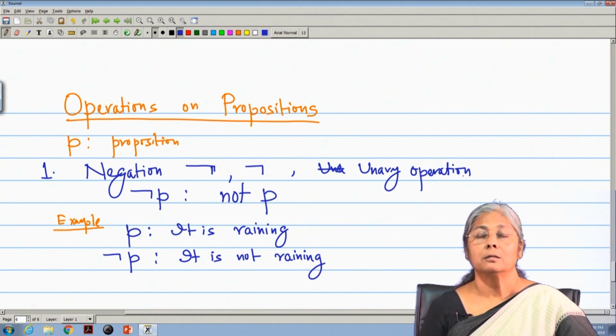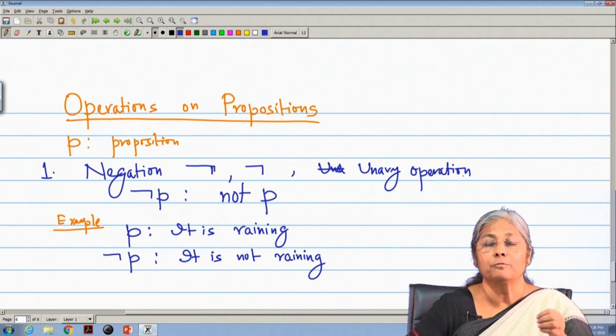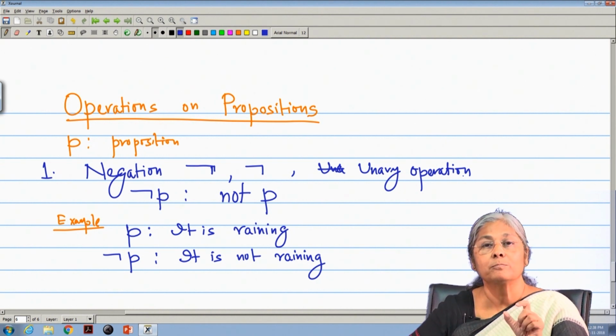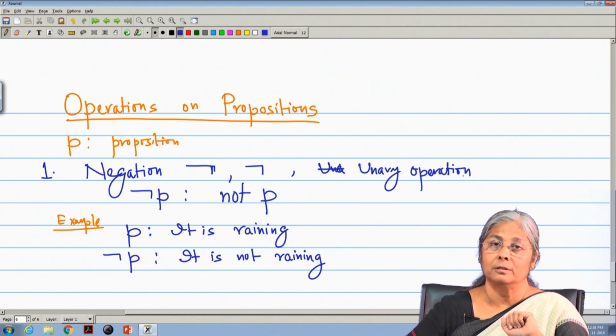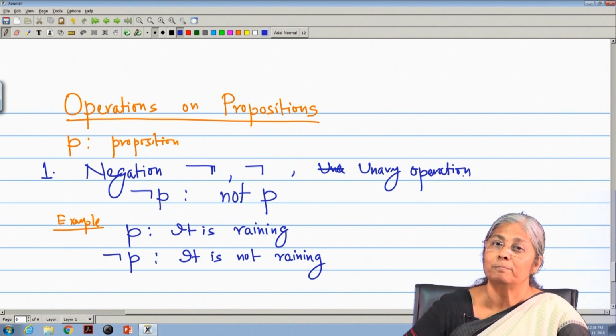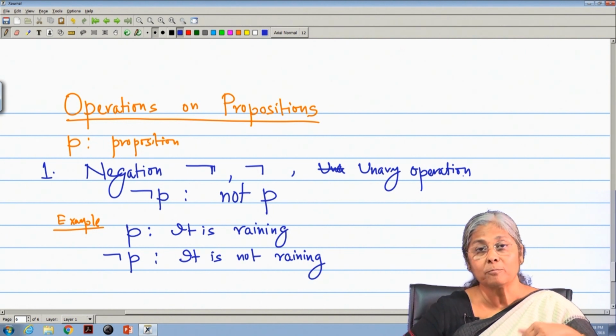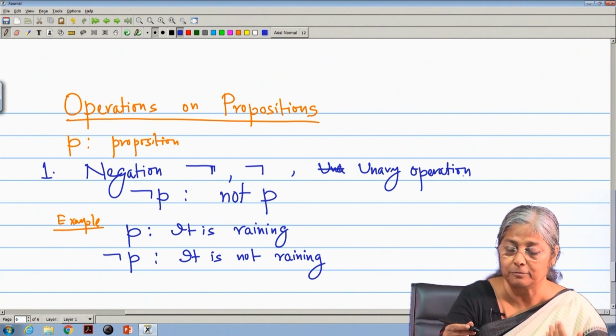Now, some complex propositions can be obtained from the primitive statements. We defined that a primitive statement cannot be broken into simpler propositions. That is the basic thing. So, how can we get complex propositions from there?